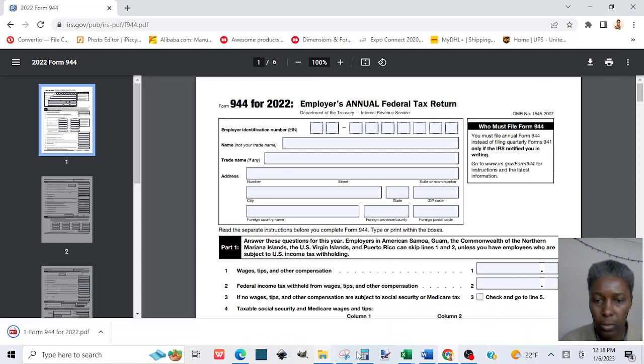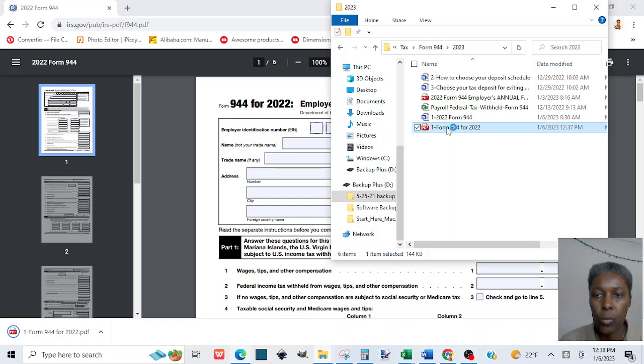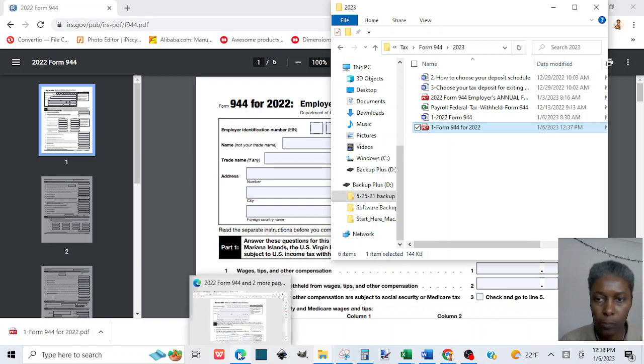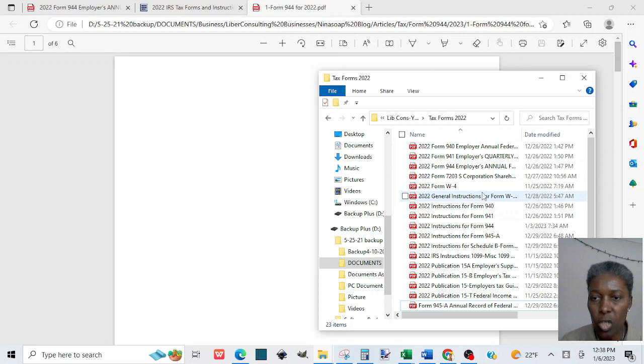Okay, so now that we have the form saved, we can go look for the form and we can open it. And I can just close this one. And while that is opening, let's go find the instructions to that form.